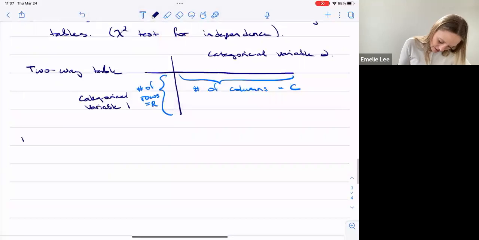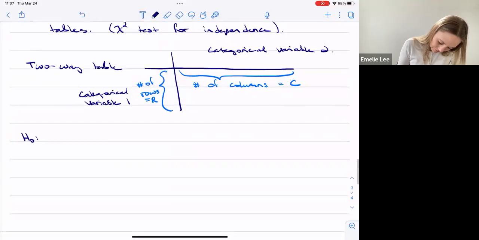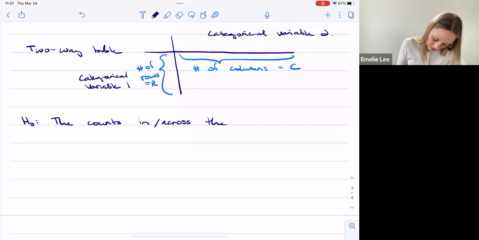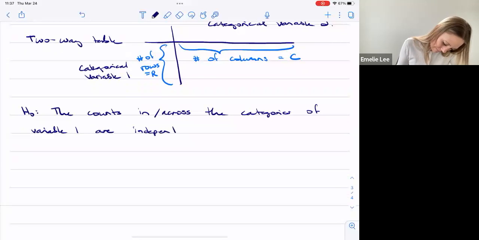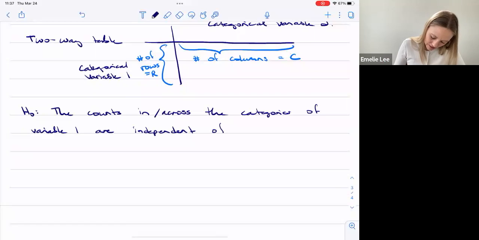Our null hypothesis is going to be something along the lines of: the counts across the categories of variable 1 are independent of variable 2.